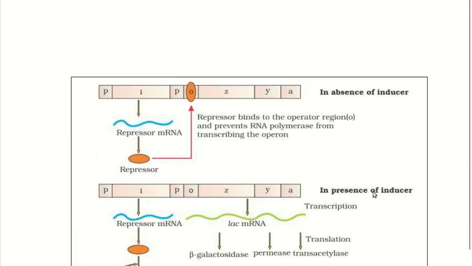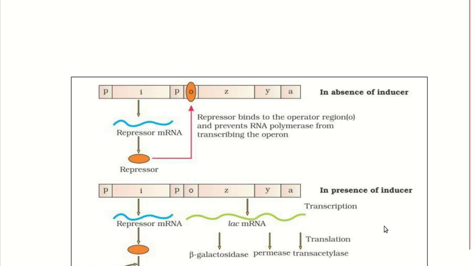Then the switching on and switching off mechanism, the lac operon concept. Switching on is in presence of inducer, switching off is in absence of inducer. You have to draw this diagram with explanation: in absence of lactose, the repressor protein binds to the O gene operator region, and it prevents the structural genes, that is lac Z, lac Y and lac A, from synthesizing the enzymes.